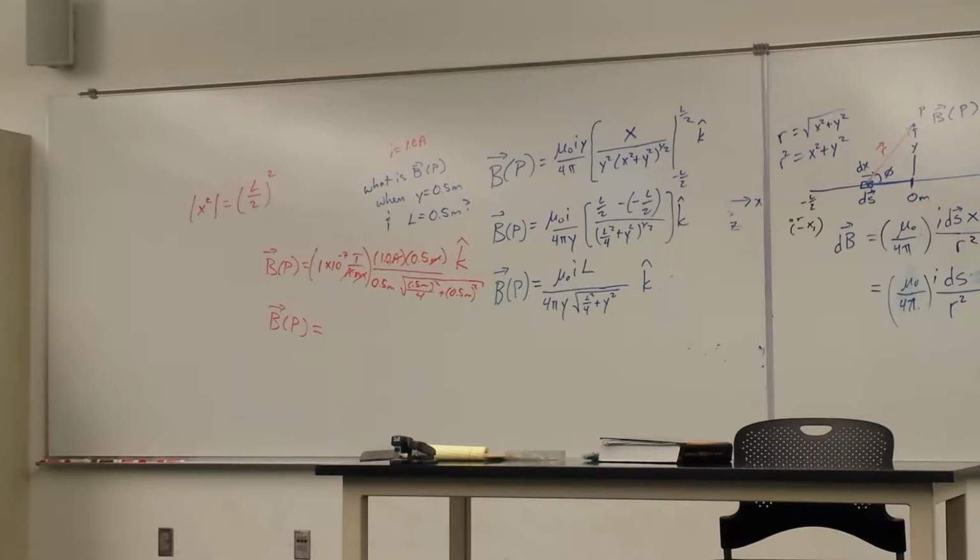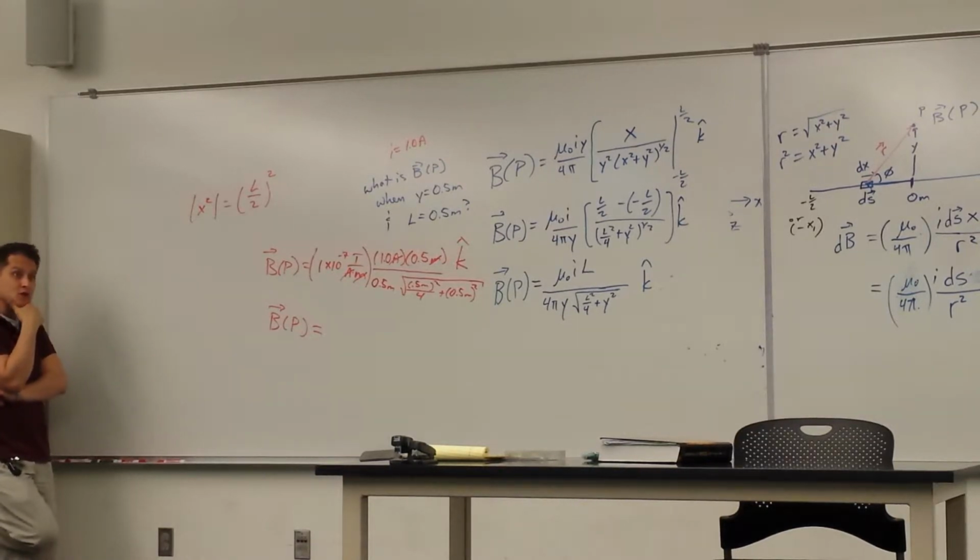No, I'm ending up with a meter squared, and that's clearly not right. Magnetic field is going to be in Tesla, not Tesla over meter squared, so what's going on here? Did I leave something out?